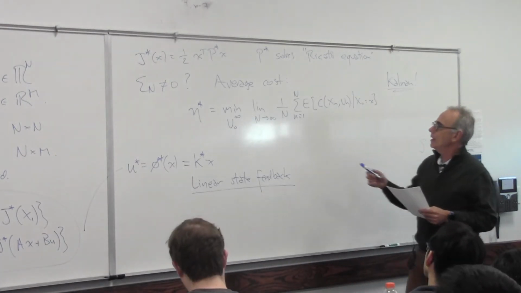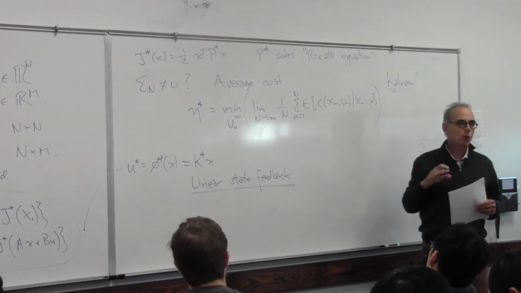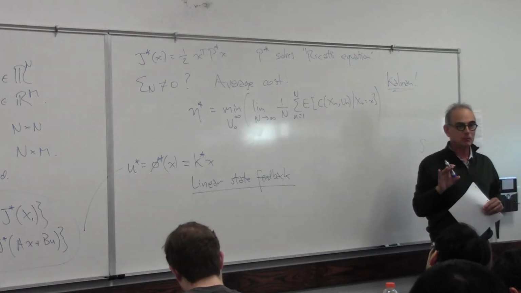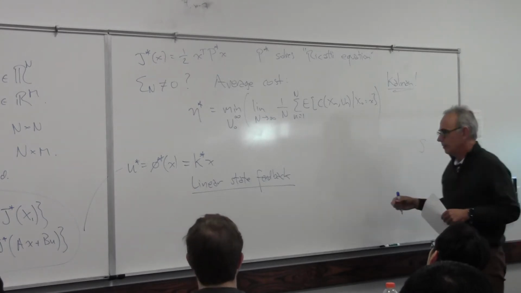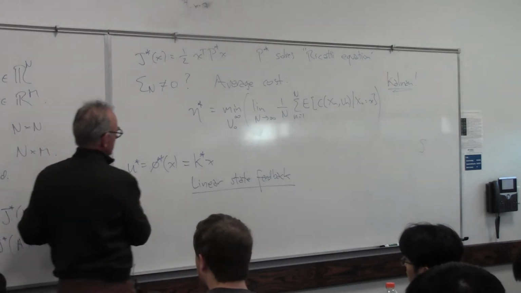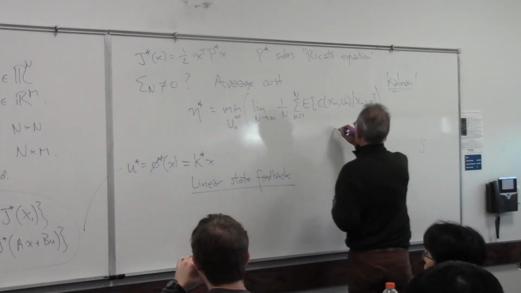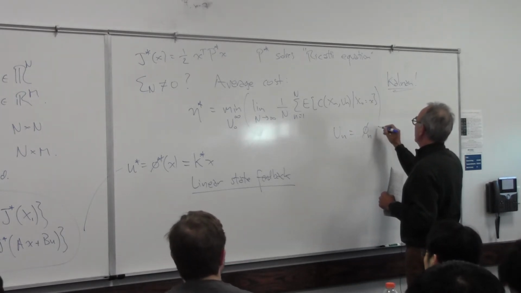So this minimum, of course, is under restrictions. You've got to be much more careful with the stochastic case. So I'm going to assume my u is going to be the admissible u's. I'm only allowing functions of this form.